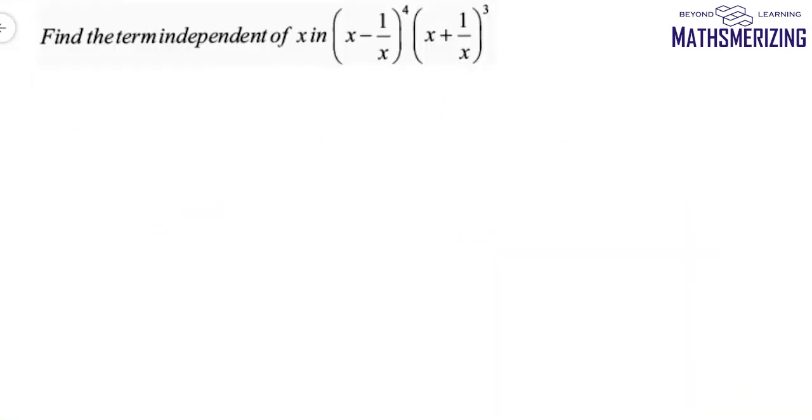So let us take up a question, and it says, find the term independent of x in the expansion of (x minus 1 by x) to the power 4 and (x plus 1 by x) to the power 3. So what I'll do is, I can write it as (x minus 1 upon x), and then I'll write it as (x minus 1 upon x) to the power 3 and (x plus 1 upon x) to the power 3.